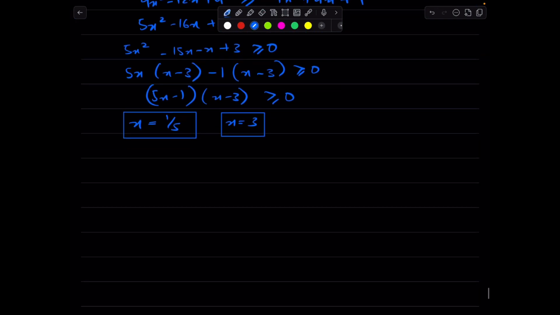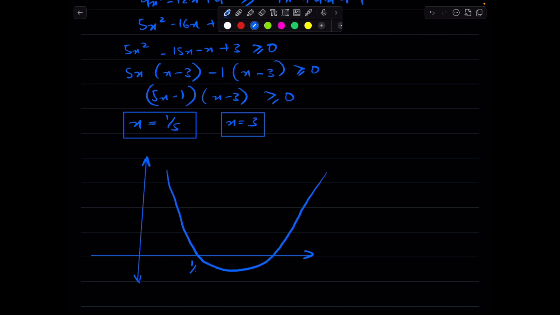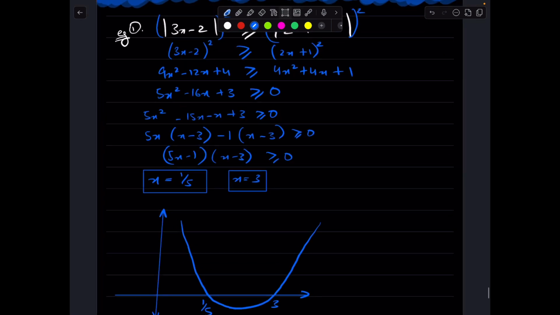After finding the roots, we'll have to draw the graph, which would look something like this. We have 1 over 5 here and 3 here. We look at the sign of the inequality, which is greater than or equal to. So the region required is above the x-axis.